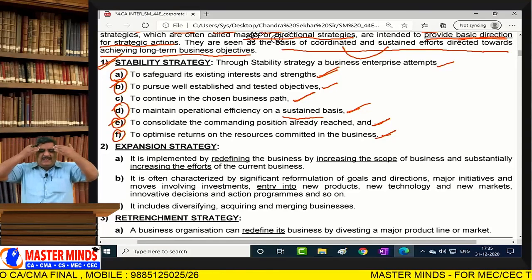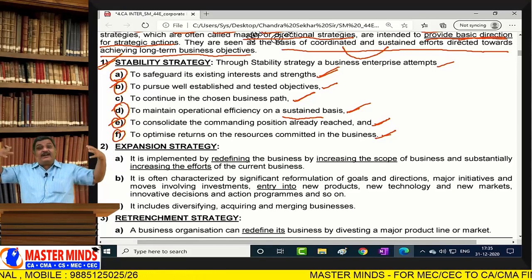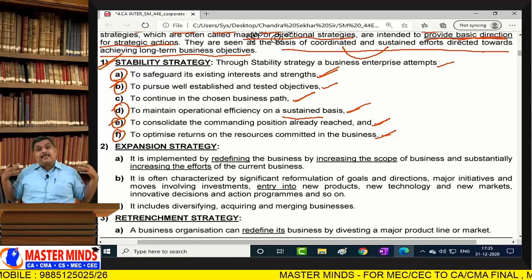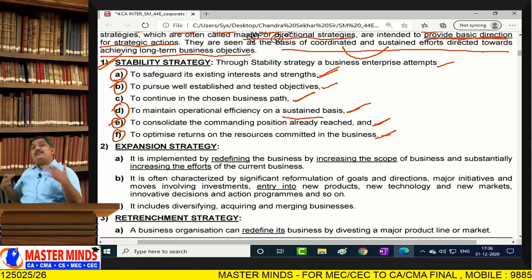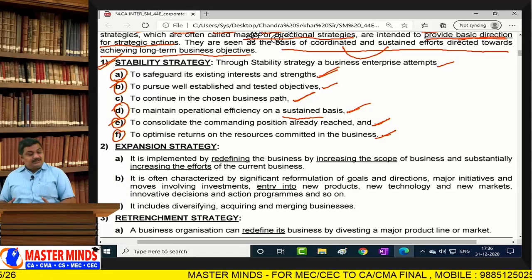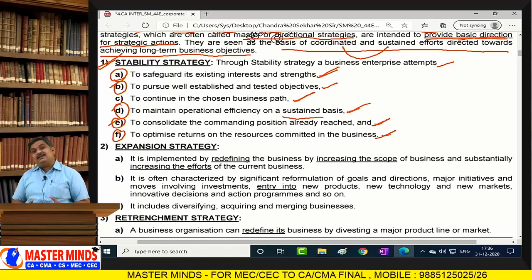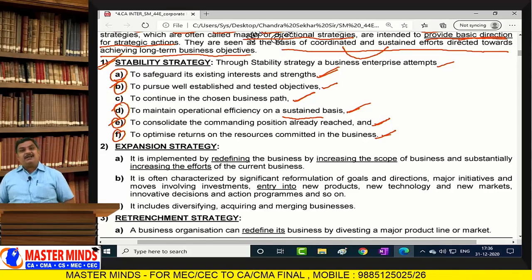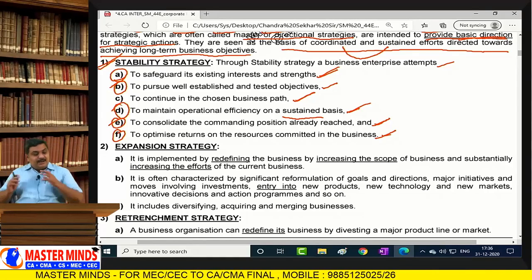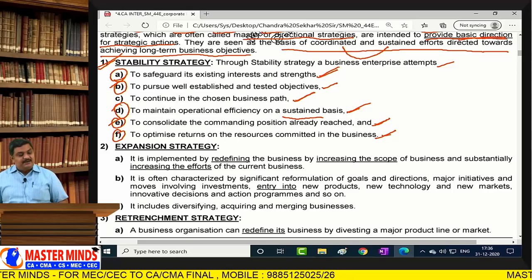That means I should think in that way. That means my stability strategy is telling me all these things. If I want to follow stability strategy, in what way should my company think? My company should think to optimize the returns on the resources committed in the business. My company should think to consolidate the commanding position already reached. My company should think to maintain our operational efficiency on a sustained basis.